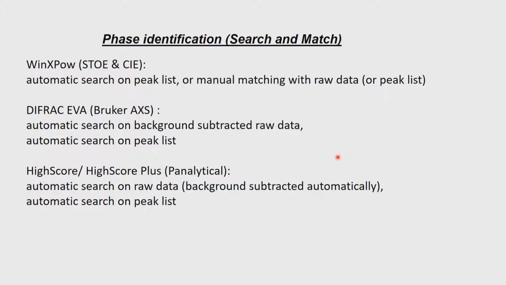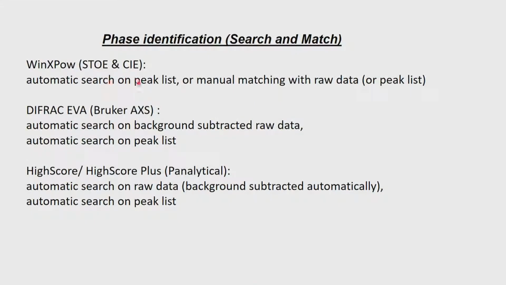So the main important thing which comes up in the pharmaceutical industry is the phase identification, the so-called search and match. There are packages available associated with the machines which you use. If you use Tof and C, you have an automatic search on peak list or manual matching with raw data or the peak list.